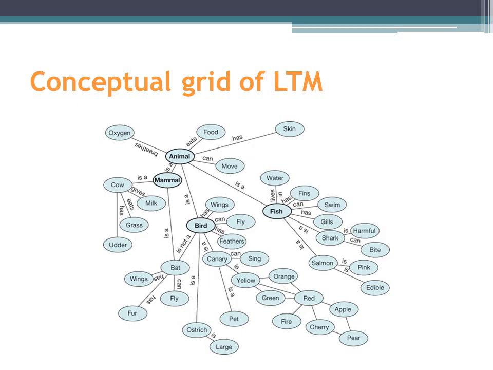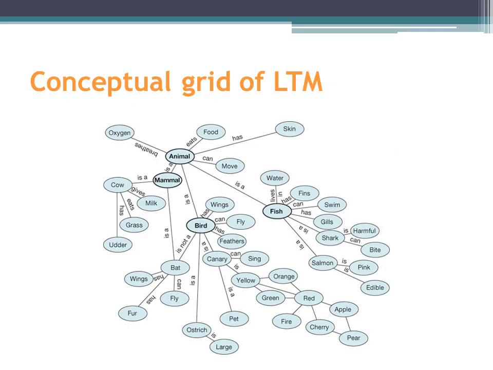So if you look at this grid here, you'll see that in the center of these clusters, this conceptual grid, we have animals first as our highest up category, and then we have things about animals, right?